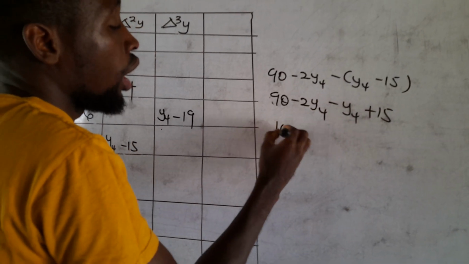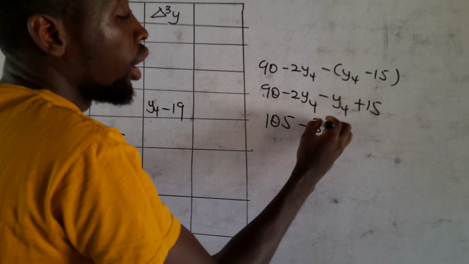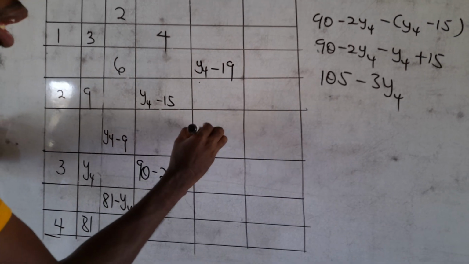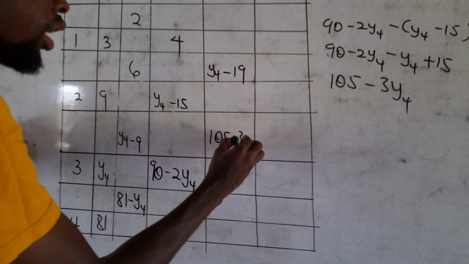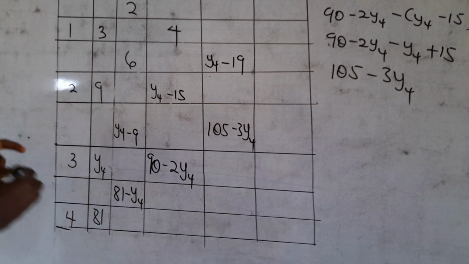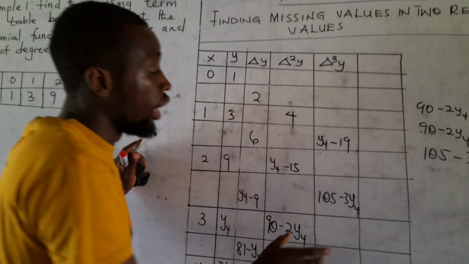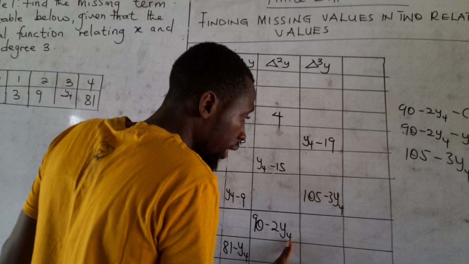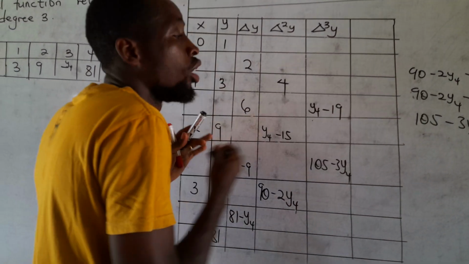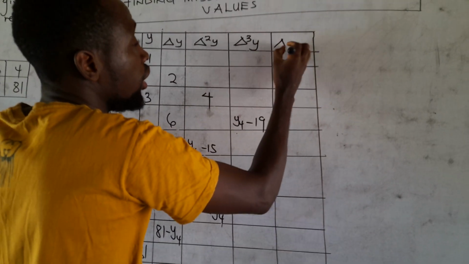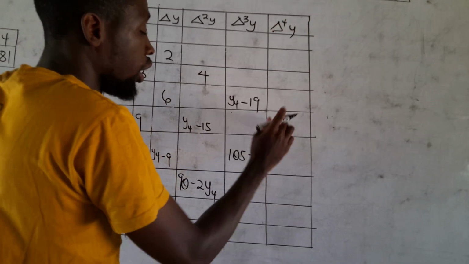That will give us 105 minus 3y4. So we write 105 minus 3y4. Remember, since the polynomial function is of degree 3, these values here will be the same. Anything beyond it will be 0. So another difference, that's del exponent 4 y, the difference there will be 0.